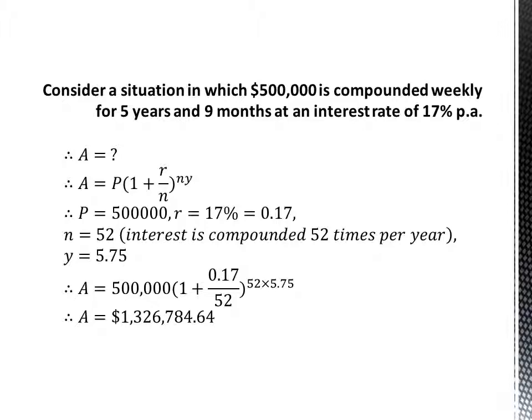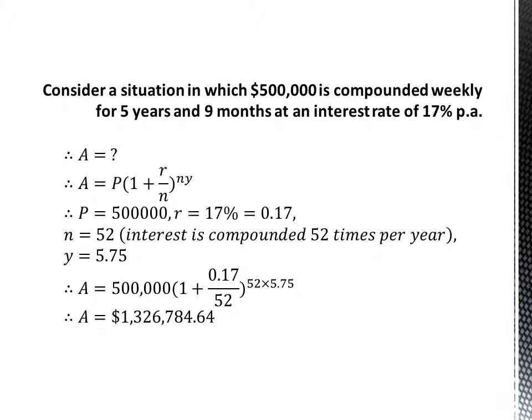So in this case, we have P, which is 500,000, R, which is 17%, or as a decimal, 0.17, and n, the amount of times per year the interest is compounded, is 52 weeks per year, and y, which equals 5.75, the 0.75 being the 9 months.